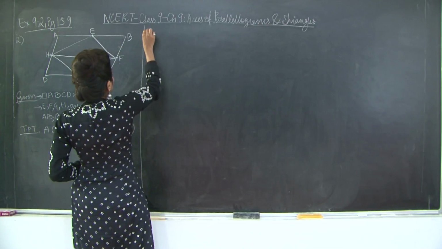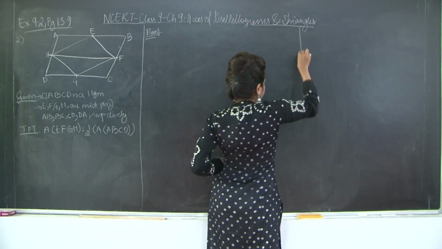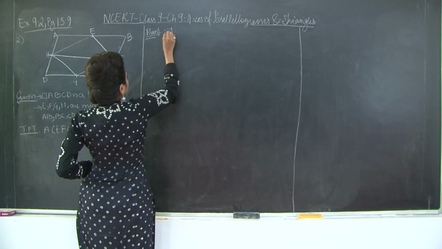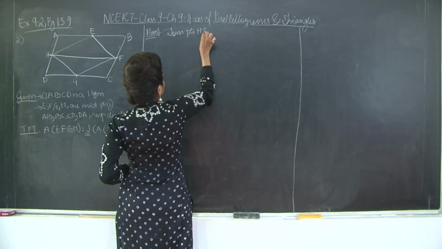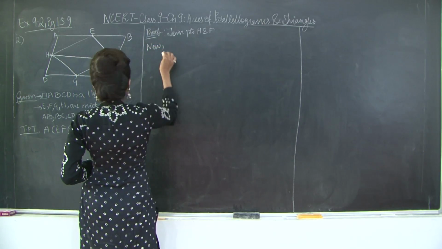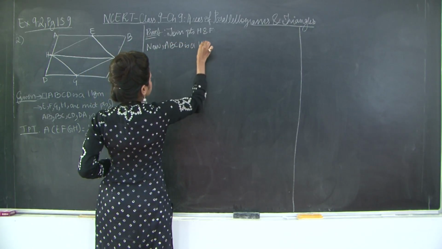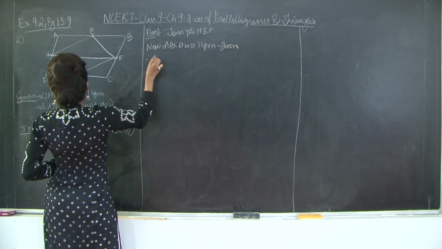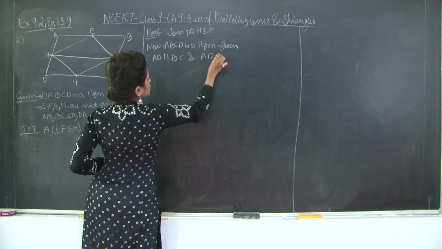Okay, so I'll say proof, and we will start with our construction. So let's say join points H and F. Now what do we have? ABCD is a parallelogram. This is given. Therefore, AD is parallel to BC and AD is equal to BC.